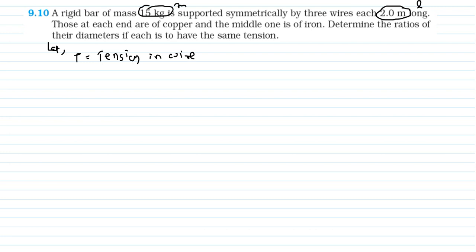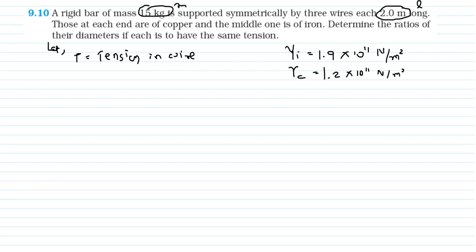Okay, now see what is the Young modulus of iron. So Young modulus for iron, that is 1.9 into 10 raised to 11 Newton per meter square, and Young modulus for copper, that is 1.2 into 10 raised to 11 Newton per meter square.